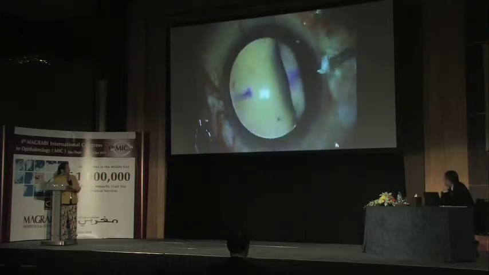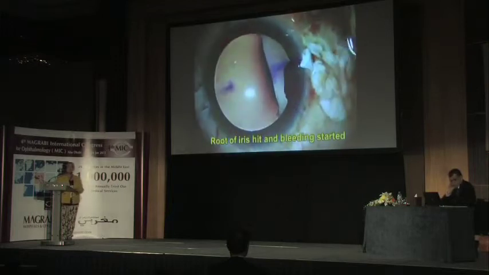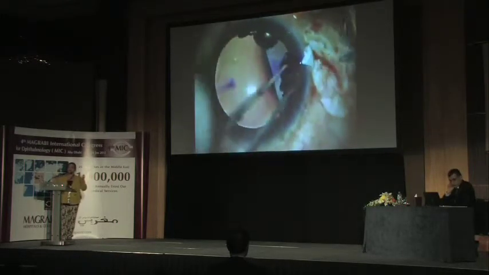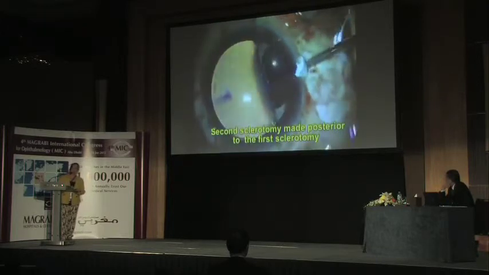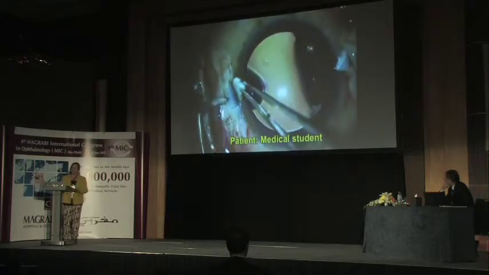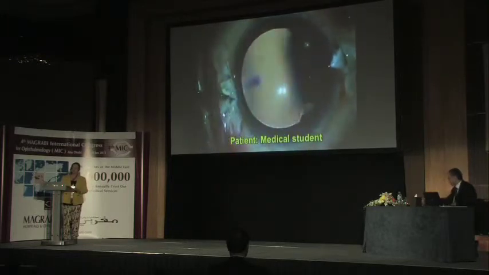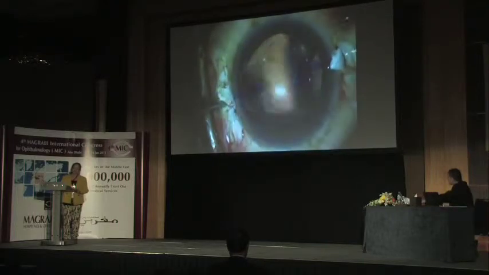A 20-gauge sclerotomy under the scleral flap, which has been created 180 degrees apart, be it vertical or horizontal. It has to be 180 degrees apart, which is very essential for any glued IOL to be centered and successful.